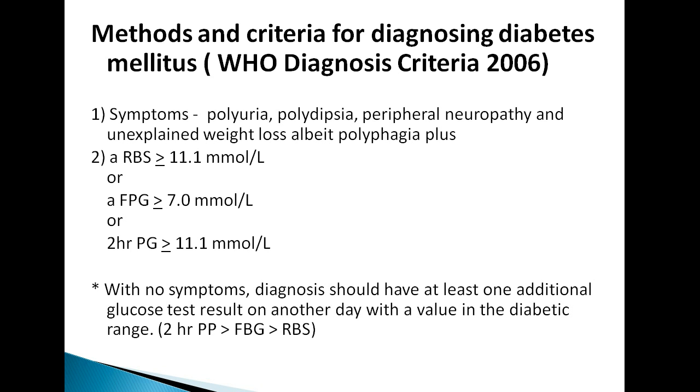There are two numbers when you start being diagnosed with diabetes mellitus in pregestational, compared to normal people: 7 when you fast and 11.1 after you eat. So with no symptoms, diagnosis should have at least one additional glucose test result on another day with a value in a diabetic range.